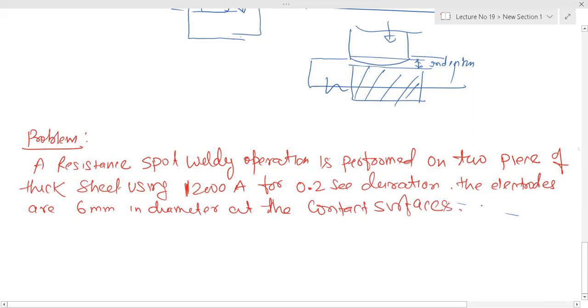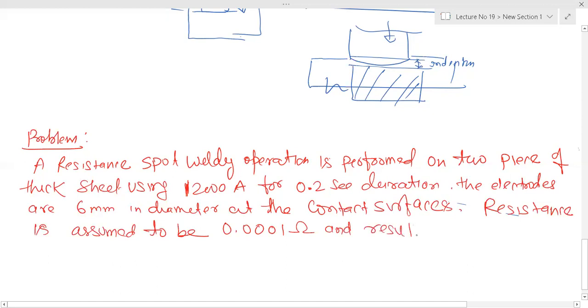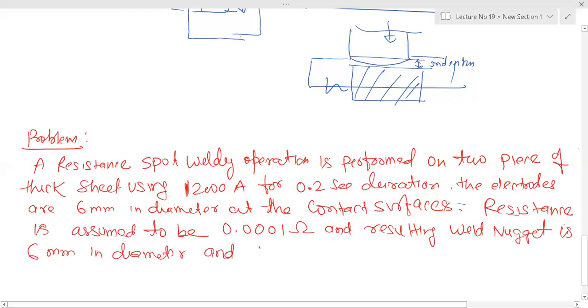Resistance is assumed to be 0.0001 ohm and the resulting weld nugget is 6 millimeter in diameter and 2.5 mm thick.